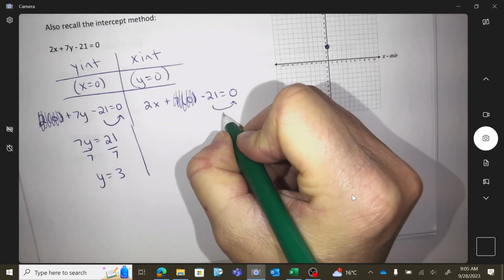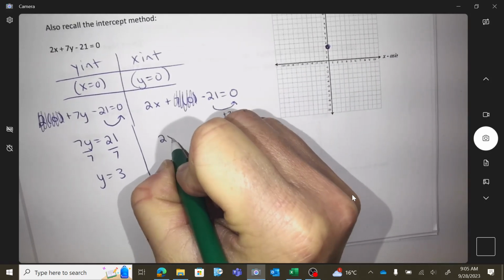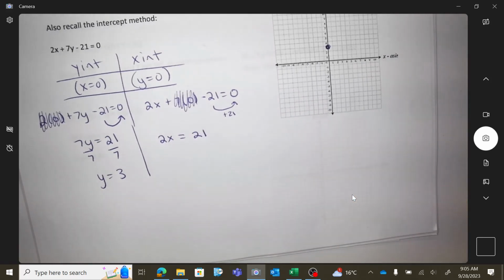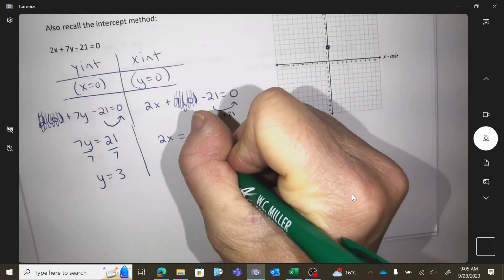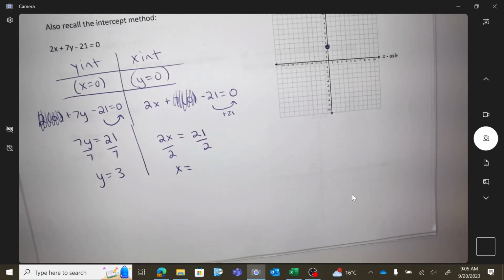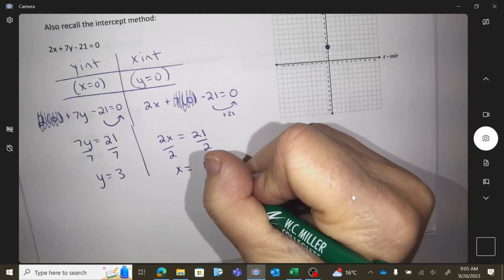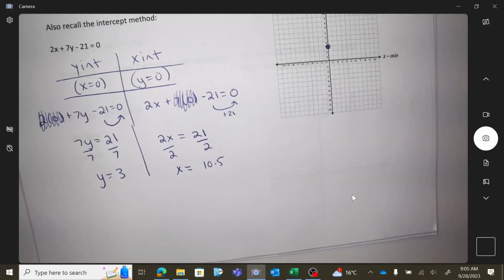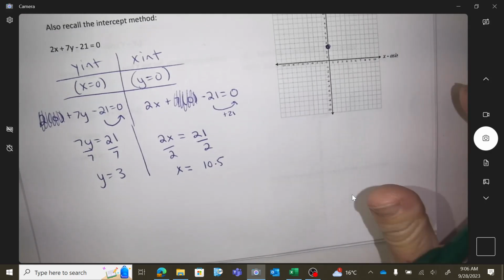I'm going to have to add 21, and I'm going to have to divide. This is not going to be a whole number. Does anybody know what this would be as a decimal, without their calculator maybe? 10.5, yeah. Because 10 is 20, so a half. So the x-intercept would be 10.5.